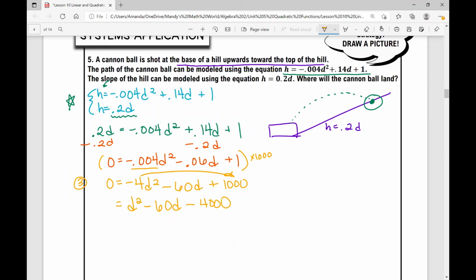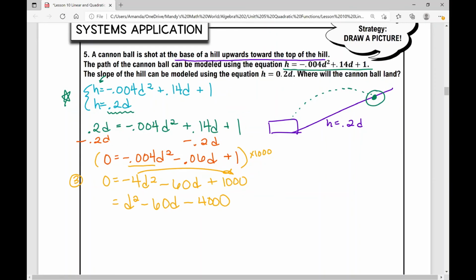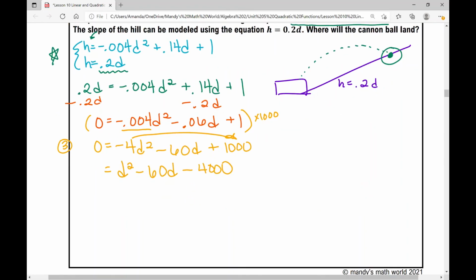I'm looking for two numbers that have a product of negative 4,000 and a sum of negative 60. If you had divided out a 2 as a GCF first, which is really what you should do, you'd be working with smaller numbers here. But we're going to end up getting the same thing, so we're going to be fine.